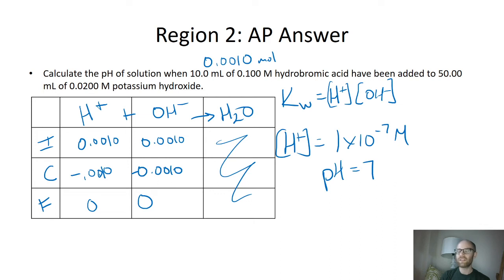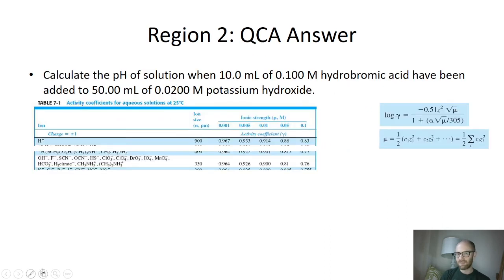But we know more than that at this point, because this isn't just H plus plus OH minus yields H2O. This is two ionic compounds reacting. So really what's taking place is when you get to that full equivalence, yeah, all the H pluses and OH minuses have reacted, but you still got some Br minuses and some K pluses floating around, and we know that ions affect equilibria.